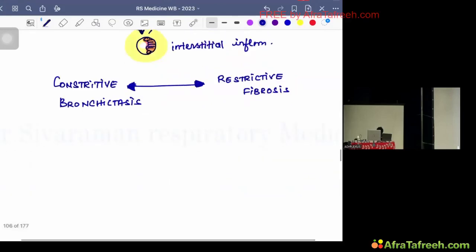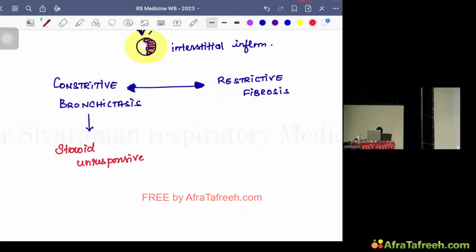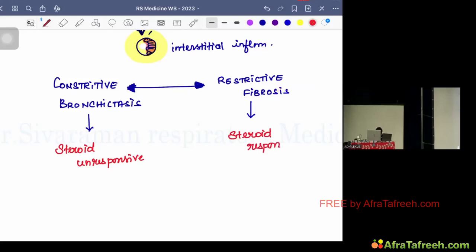In constrictive bronchiolitis, the patient will not respond to steroids; it is steroid unresponsive. Whereas the restrictive fibrosis pattern responds to steroids, so you can give steroids as treatment here.